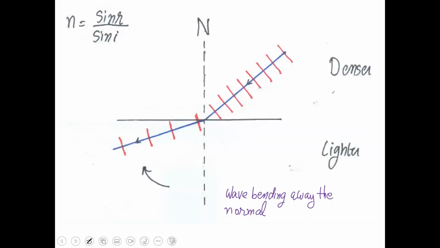Now, if light is traveling from denser to lighter, it is reversed. Light is bending away from the normal. The formula will change. You can notice the wavelength is increasing. So you have to copy this screen.